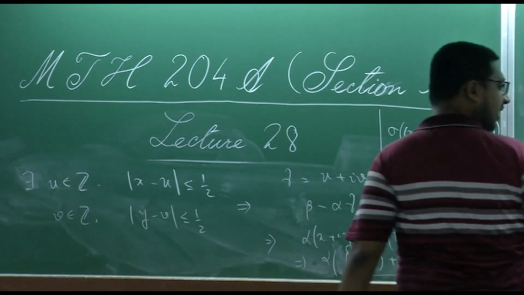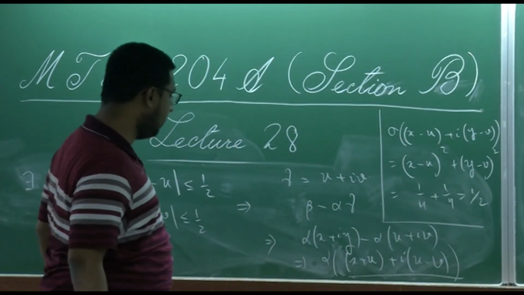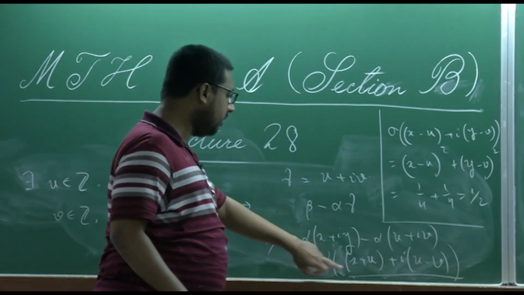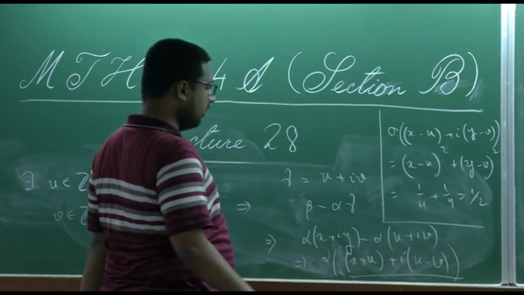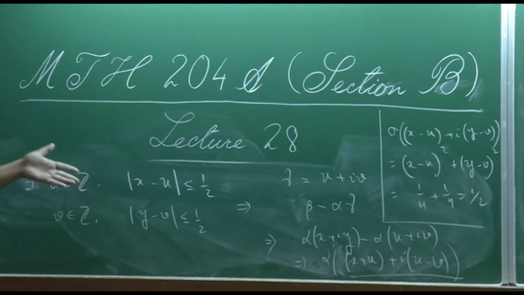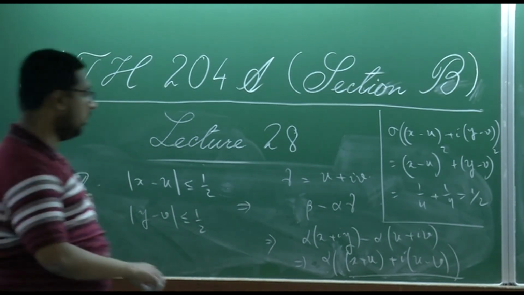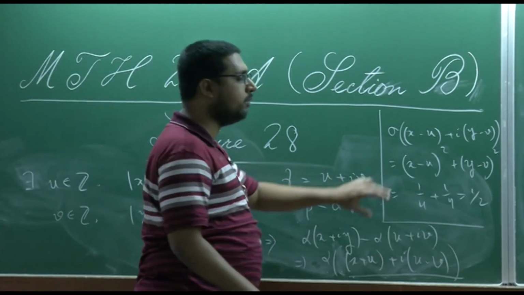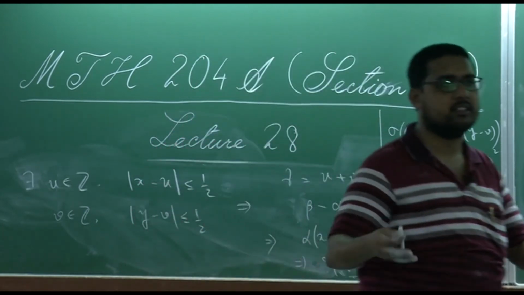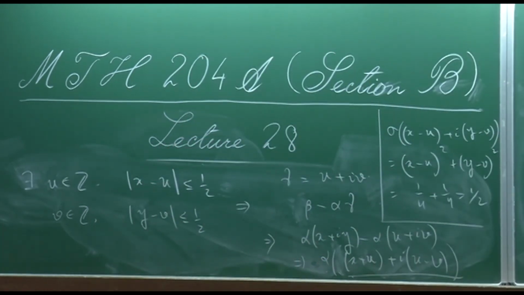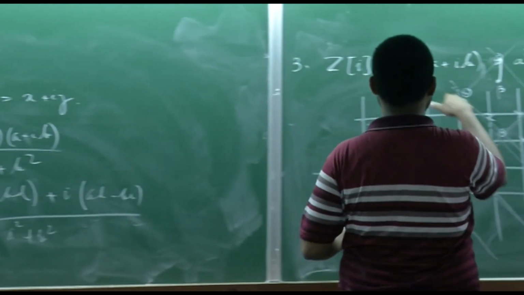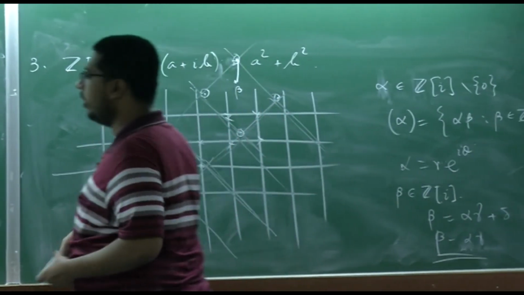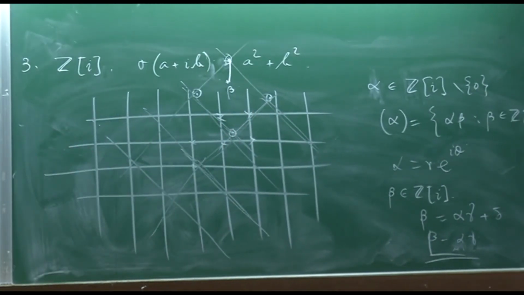So, therefore, the entire thing is basically sigma alpha times half, and that is how we are done, because this is half of sigma of alpha, that is strictly less than sigma of alpha. So, therefore, by explicit computation we see that this is also going to be a Euclidean domain.